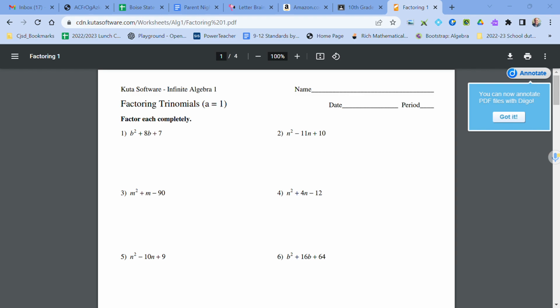This part and this part together, we add those areas: 10m plus negative 9m equals 1m, so it would just be plus m. And that's my original trinomial. So my little test worked.